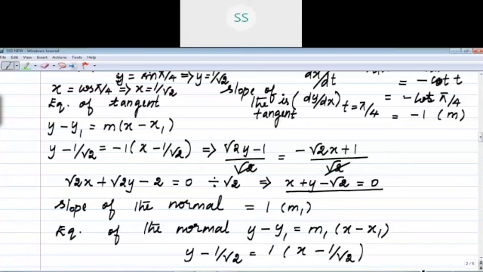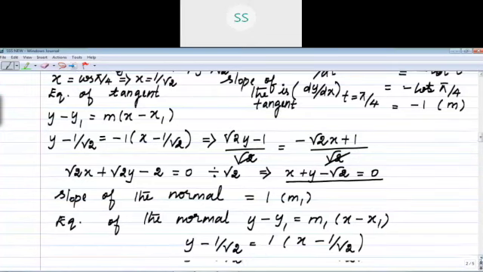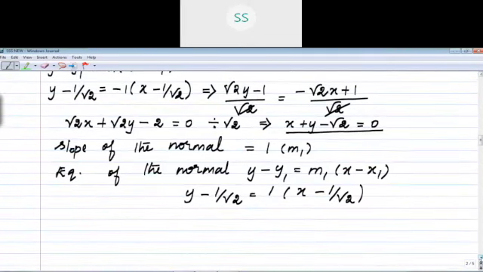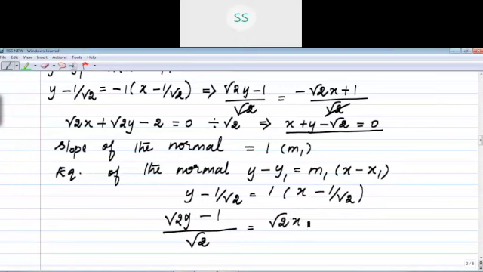The same procedure that we used in the previous one, we are going to use here also, right? Now, root 2y minus 1 divided by root 2 equal to root 2x minus 1 divided by root 2.